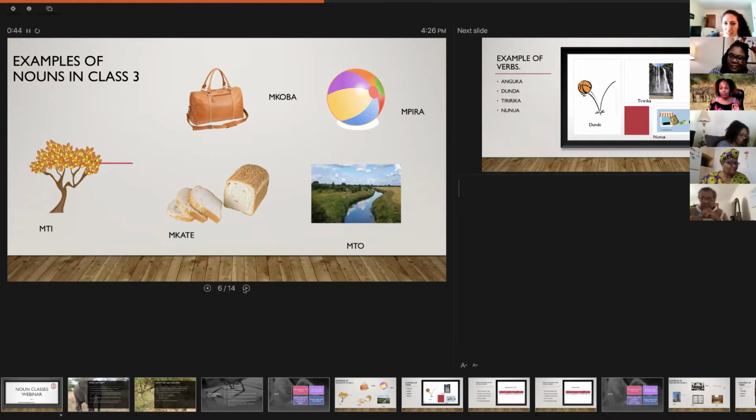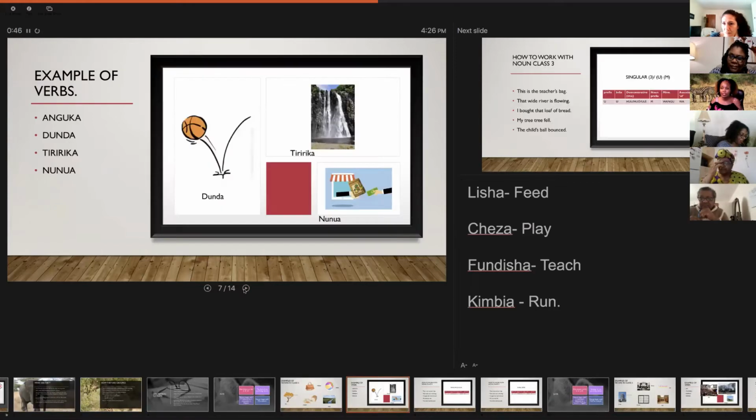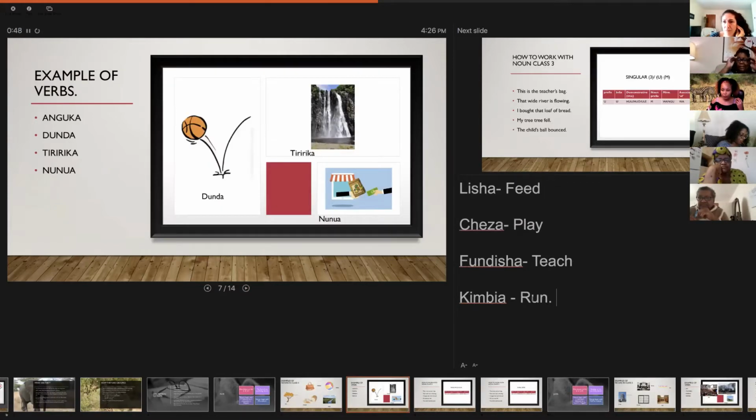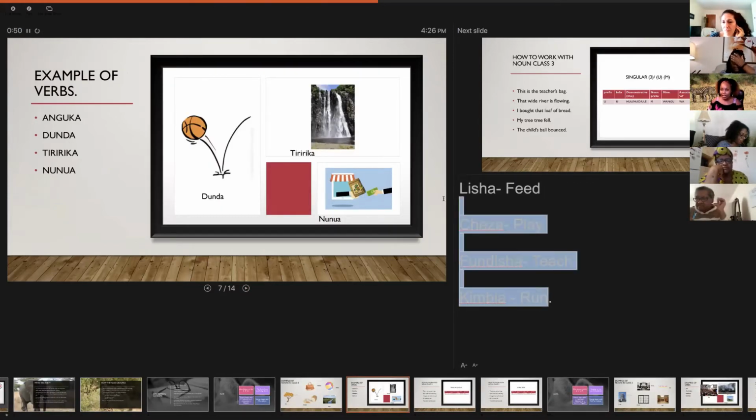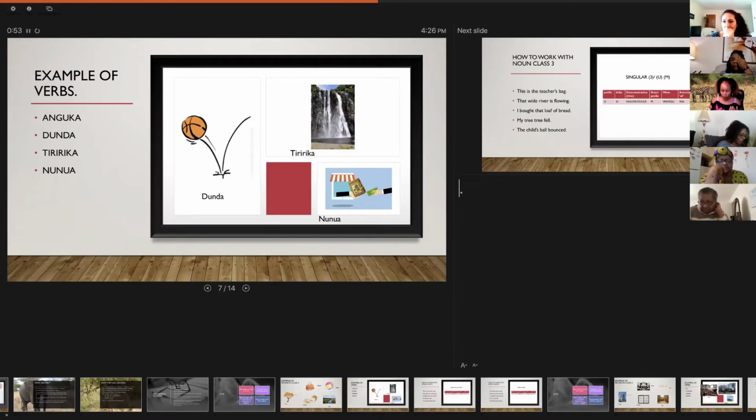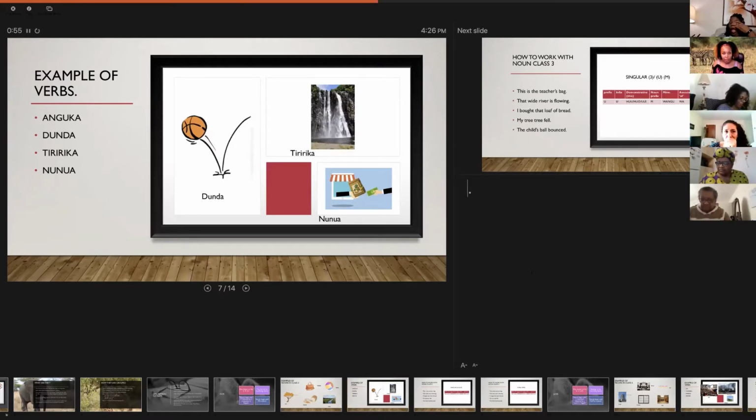So now we're going to look at some verbs and see how noun classes actually impact them. Anguka means to fall. Dunda means to bounce.